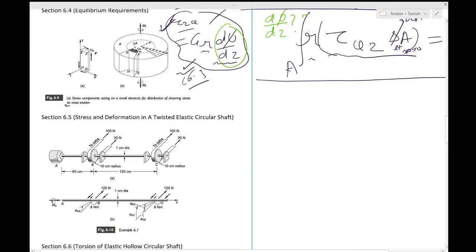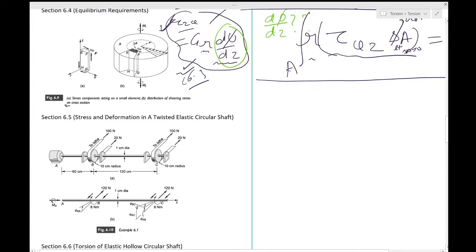In the preceding three sections, we have considered the geometry of deformation. Remember how we used symmetry arguments to find the value of shear strain gamma theta z, and then we found the stress-strain relations using Hooke's law for the cylindrical coordinate system, and finally the equilibrium equations for a twisted circular shaft.